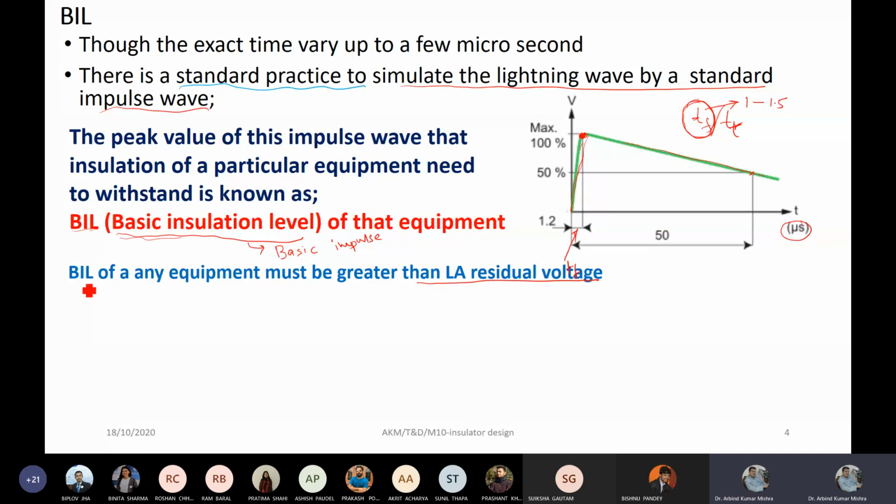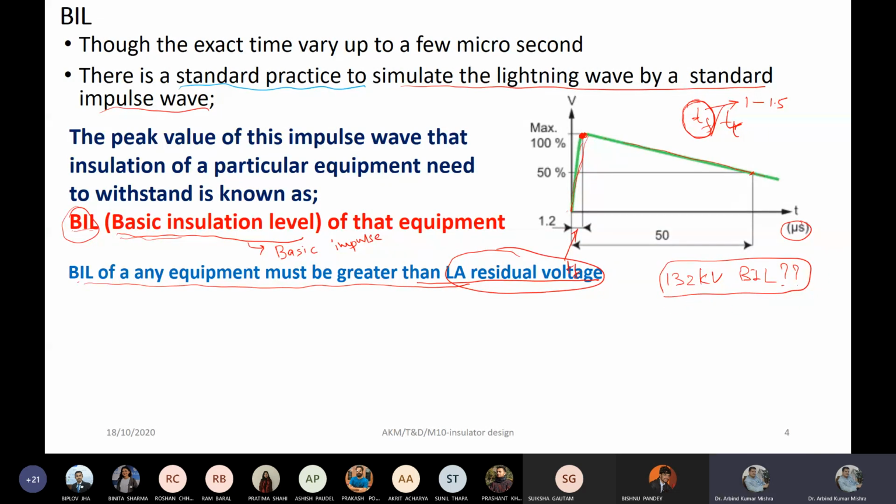Since the BIL of any equipment must be greater than the lightning arrestor voltage, a team of engineers or planners has to sit together to decide what could be the most appropriate BIL for a particular voltage, say 132 kV.